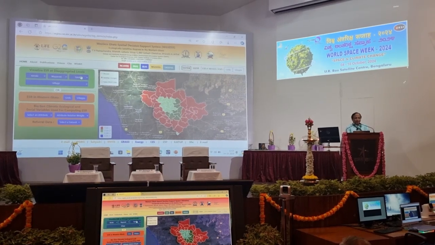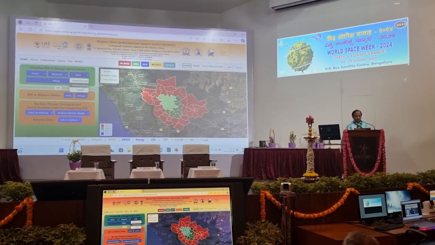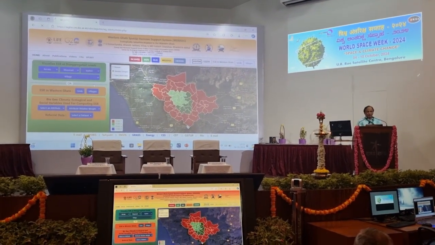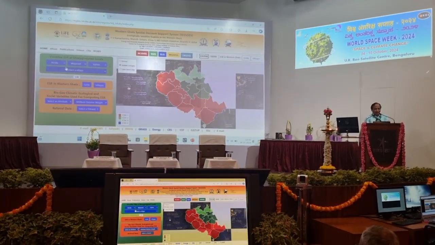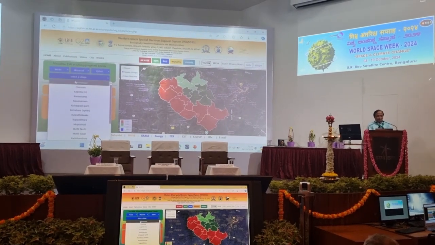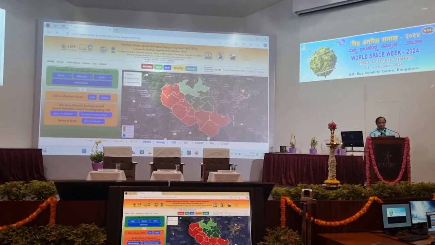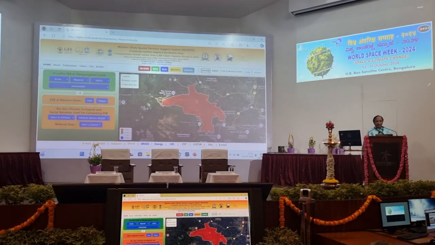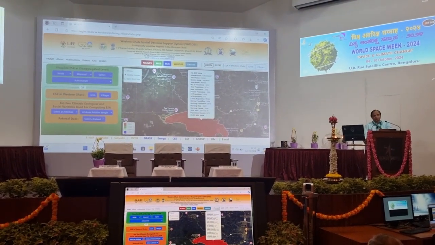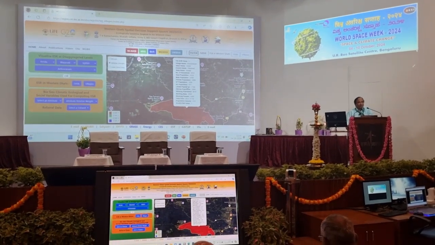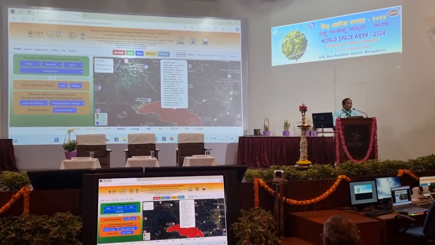Then I will choose a taluk. This is the taluk which is most affected in Wayanad. And if you choose a village, you will get the ecological sensitiveness. You click on that, you will get why it is ecologically sensitive. Don't you think it helps in decision making? That's what we have done.